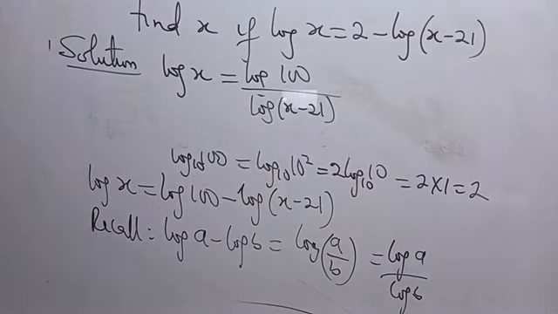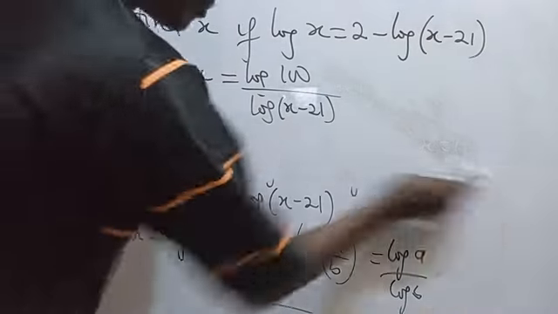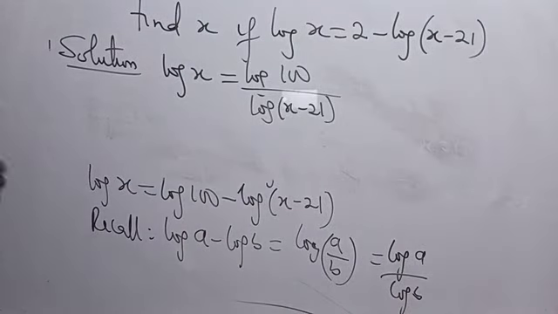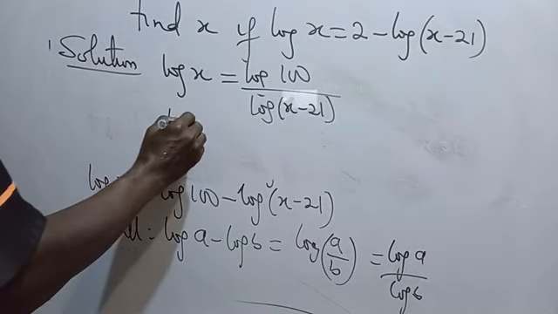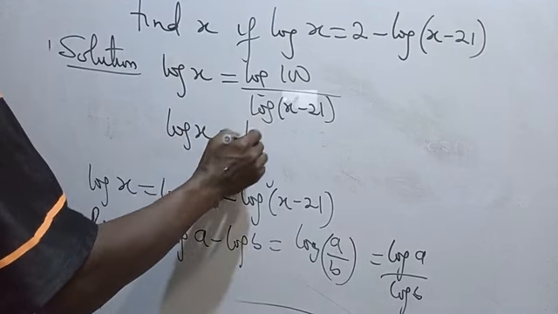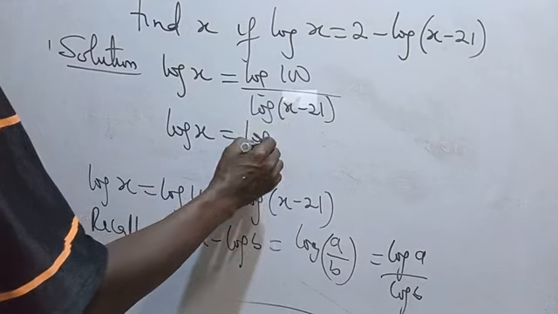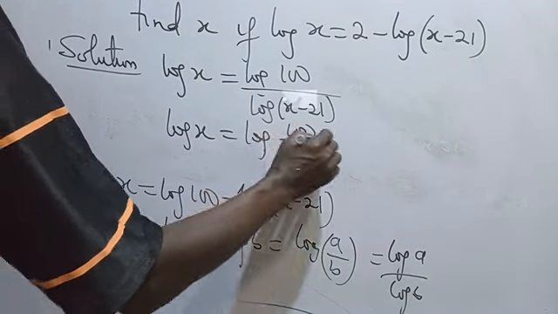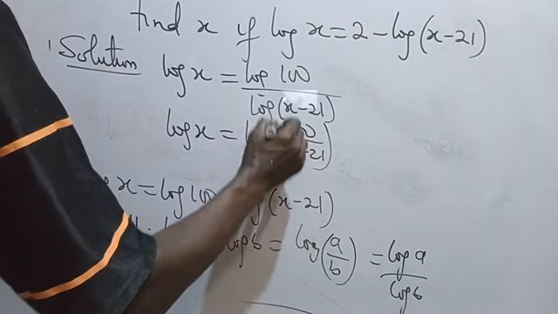Now, what's more beautiful, we can rewrite as log x is equal to, because the log is common, log 100 all over x minus 21.